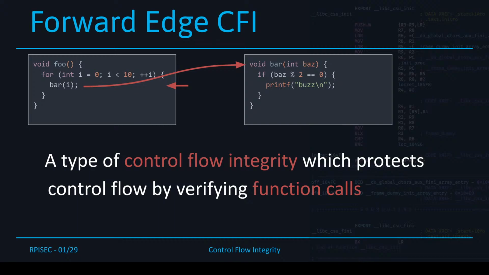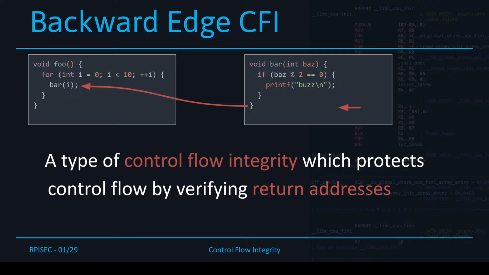So forward CFI is just going to be making sure that when you call a function pointer, the target, so the address that you'll be jumping to and executing at, is actually valid, and that there's not going to be malicious code there. And similarly, backwards edge CFI is just going to be protecting those return addresses. So when you try to return back to where you were executing before, it makes sure that that address is actually a valid one, and it's not going to be jumping into malicious code.